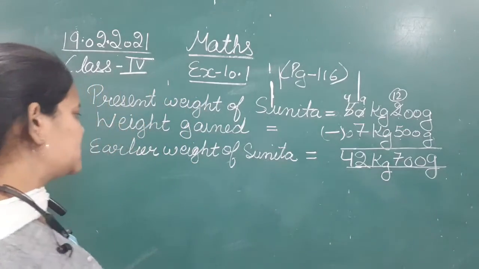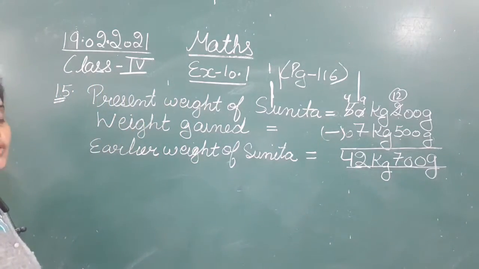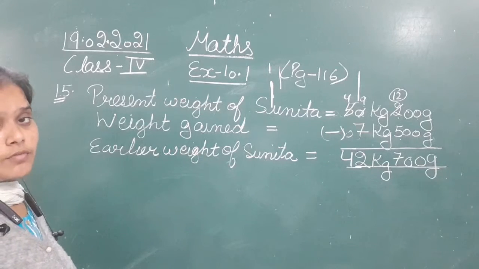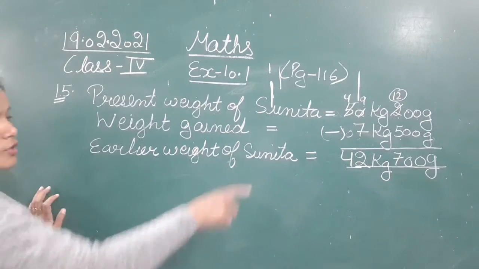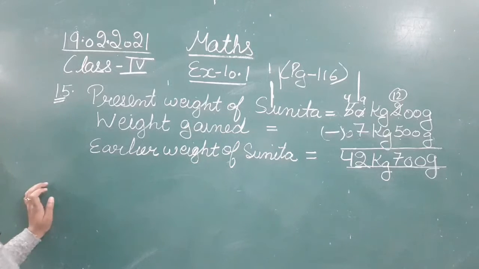So that means earlier weight of Sunita was 42 kg and 700 gram. Question में दिया हुआ what was the earlier weight? Therefore earlier weight of Sunita was 42 kg and 700 grams.